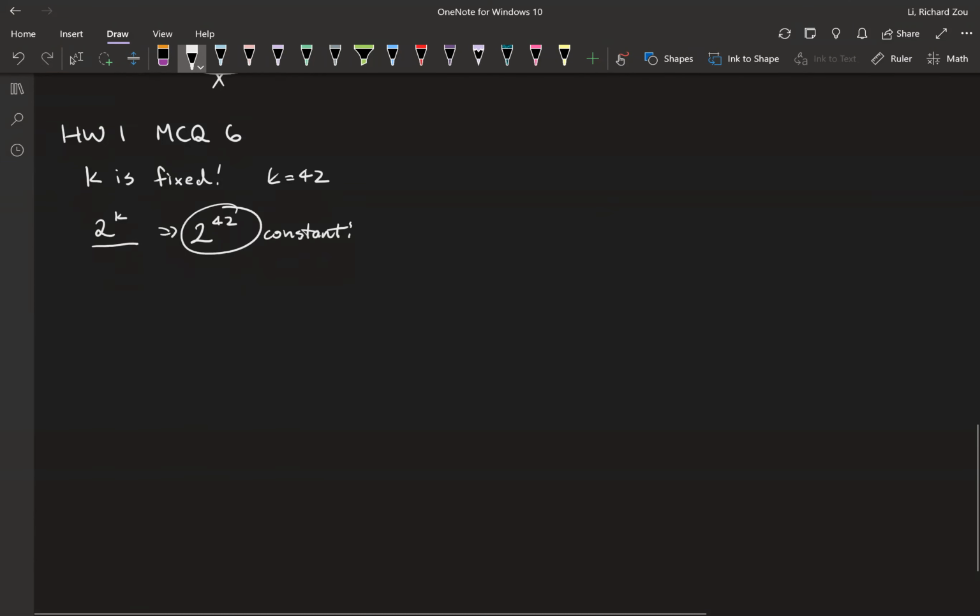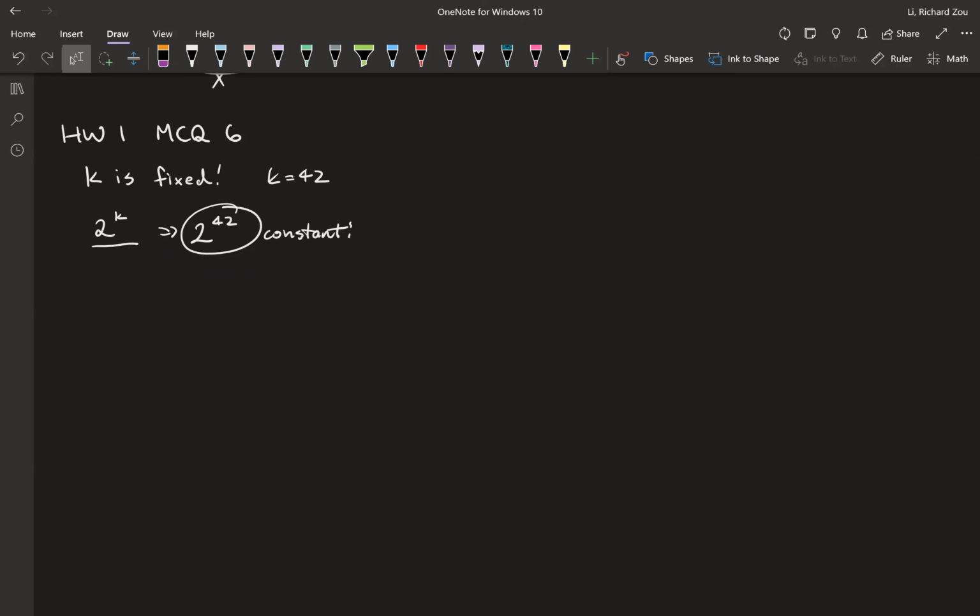Because this is a constant, we could just go through all the clauses, plug it in, and check if every one is satisfied. And if there is one out of these 2 to the 42 different combinations, then we can say it's satisfiable. And if there aren't, then it's not satisfiable.